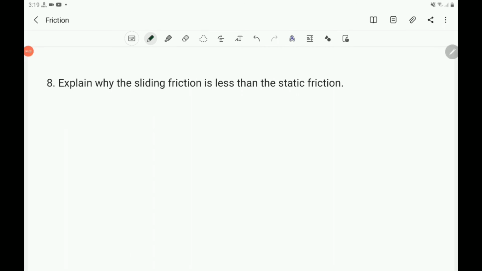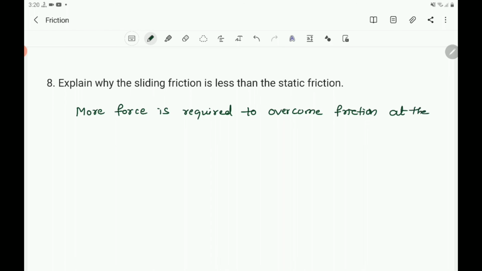So you write, more force is required to overcome friction at the instant an object starts moving from rest.